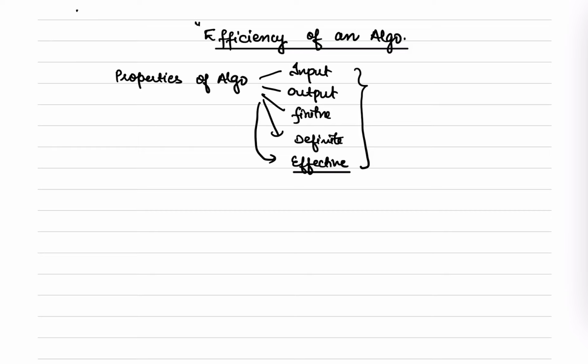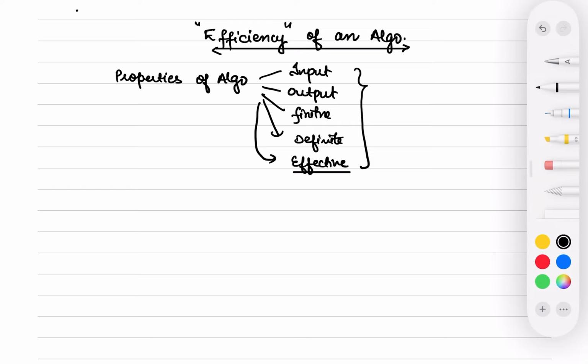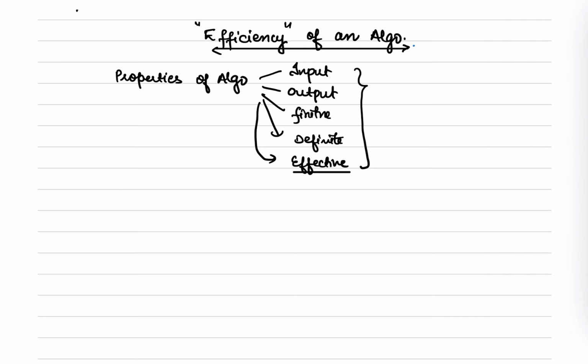So that's why there is a term called efficiency of algorithm. We calculate the efficiency of an algorithm in two ways. So this efficiency of algorithm is of two types, or can be calculated in two ways. One is time complexity, or we sometimes say time efficiency, and the other is space complexity.